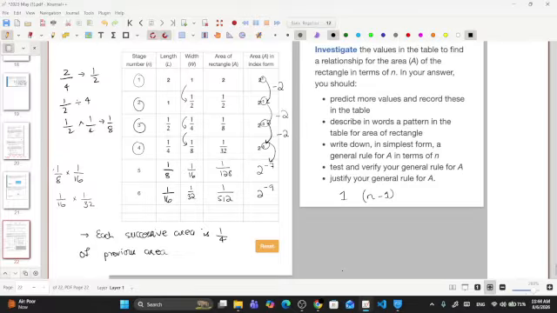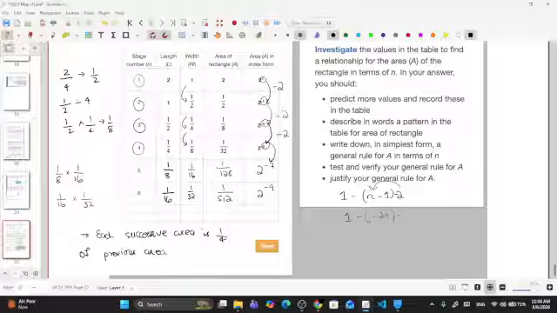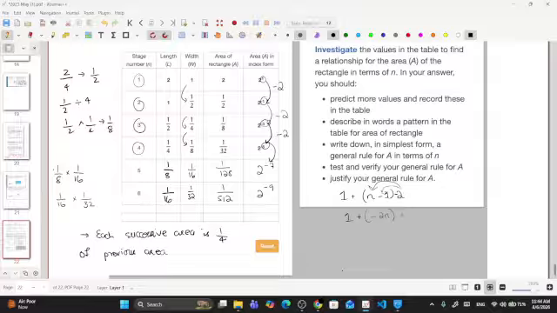So we have 1, the first term is 1, and the common difference is negative 2, so 1 minus 2(n minus 1). Sorry, this is plus, my bad. Minus 2n plus 2. So we have 3 minus 2n as the exponent.